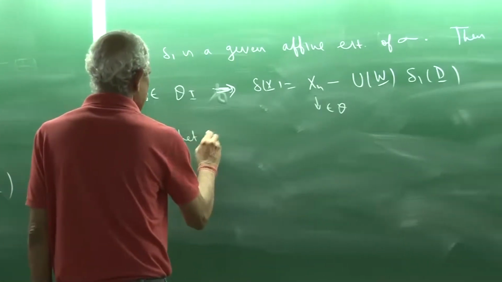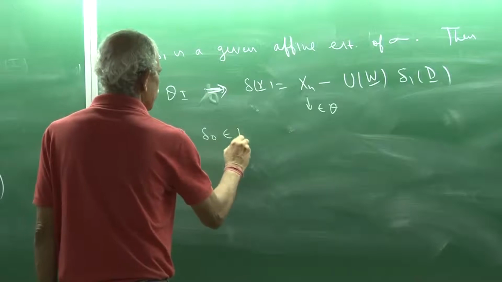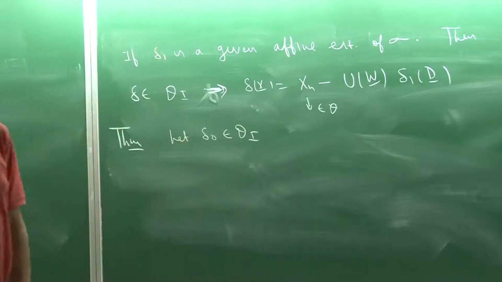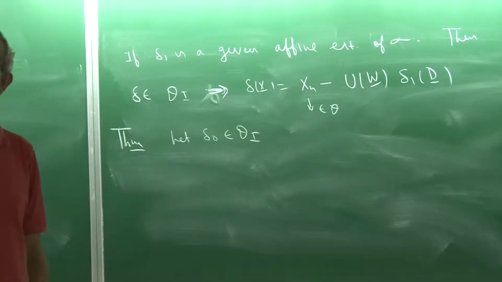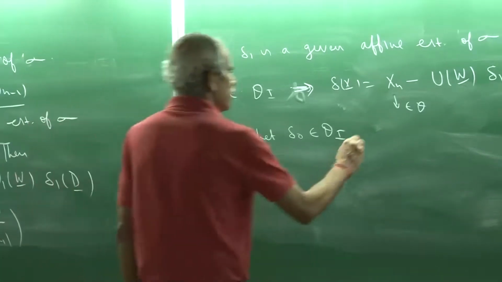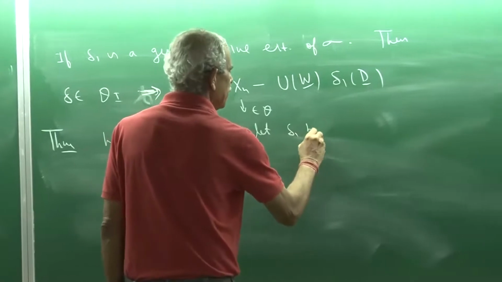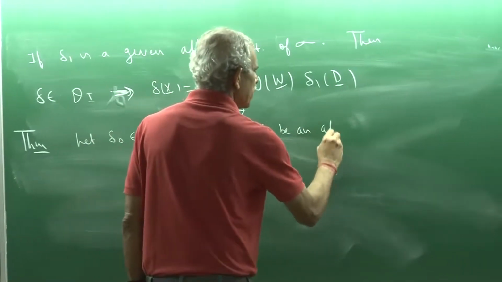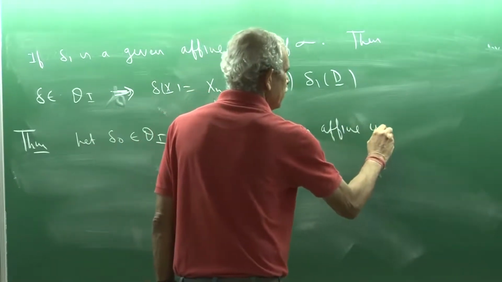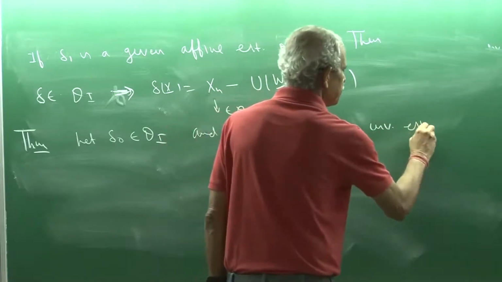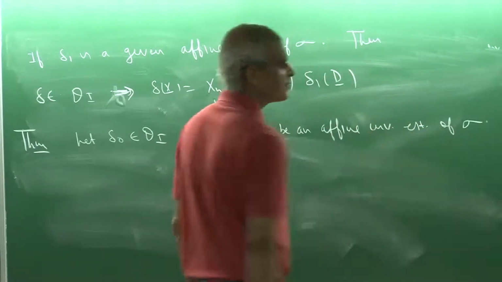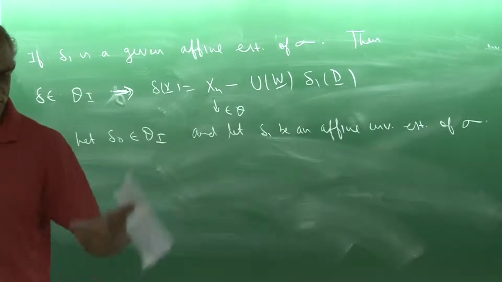So let delta naught belong to D. That means it is a location invariant, affine invariant estimator of mu, and let delta 1 be an affine invariant estimator of sigma. So you choose one affine estimator of mu, delta naught, and one affine estimator of sigma.